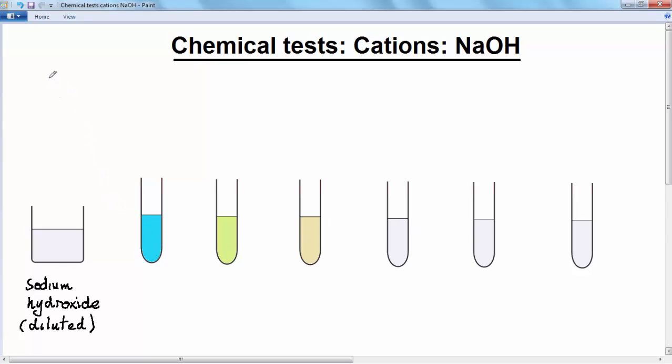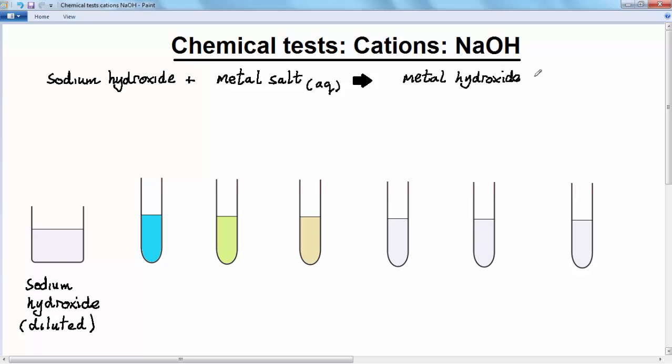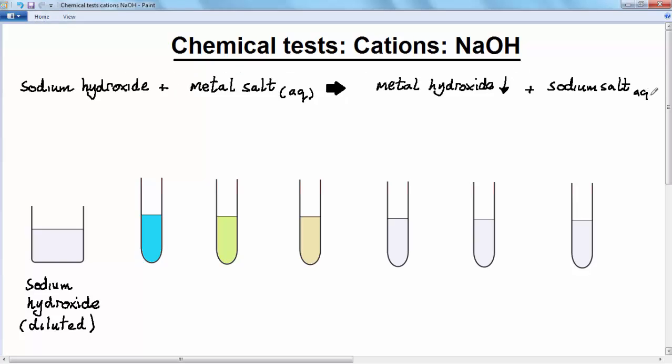We're going to take sodium hydroxide plus a solution of the metal salt, aqueous, and that's going to form a metal hydroxide precipitate, with a down arrow for precipitate, plus an aqueous solution of a sodium salt.